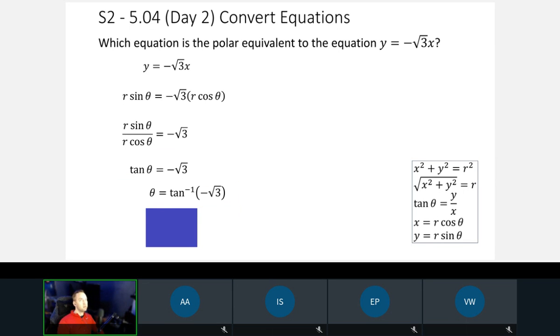And then what is the arctan of negative rad 3? So you have to use your unit circle. Pi over 3? I agree. That's the answer.